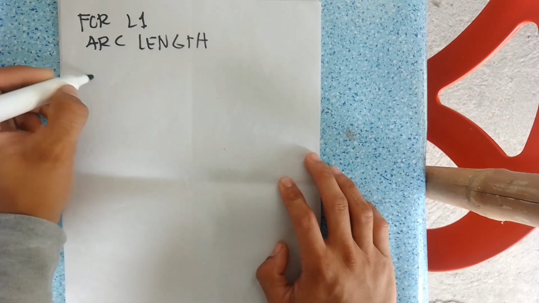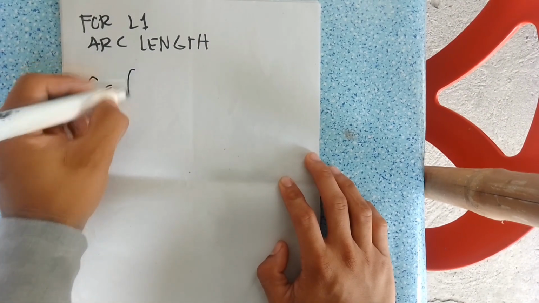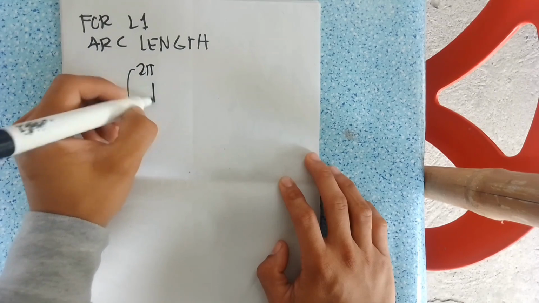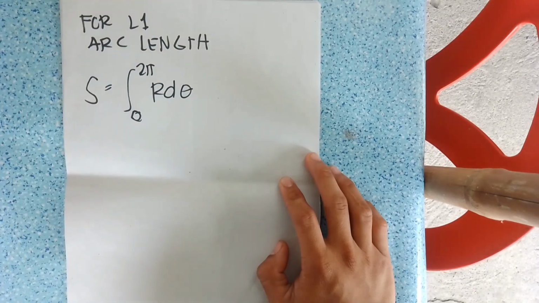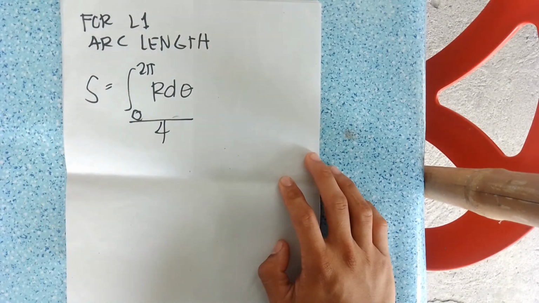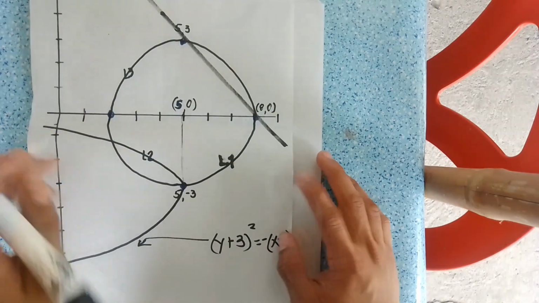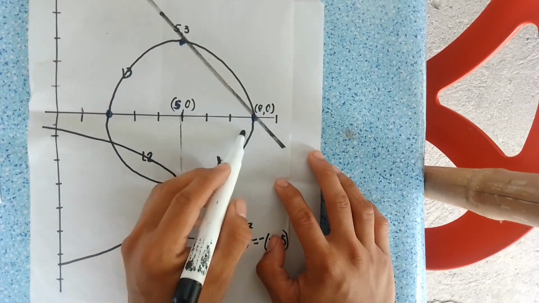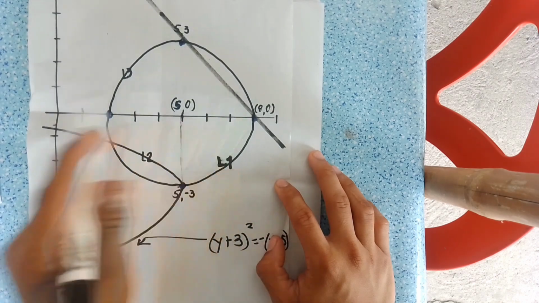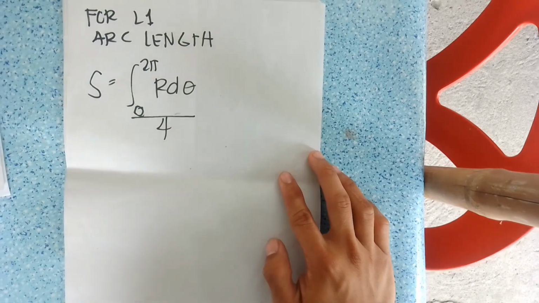We're given S is the integral from 0 to 2 pi of r d theta, or you can use either one, divided by 4. Syempre, sa drawing natin, makita nyo, from this point up to this point, that corresponds to a quarter circle. So divide mo lang na sa 4. This one is the first formula.